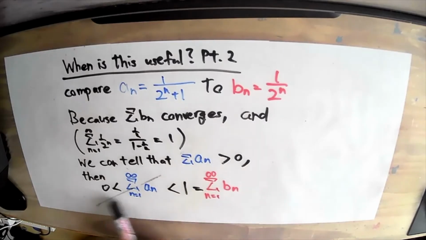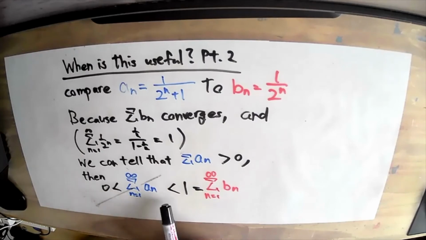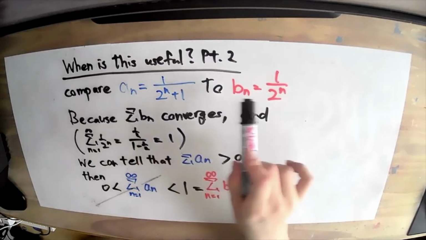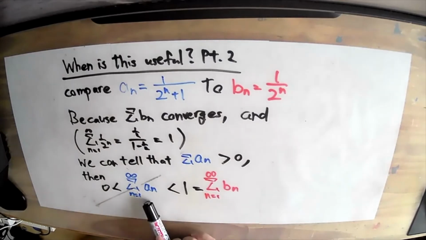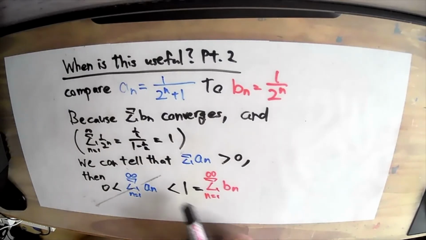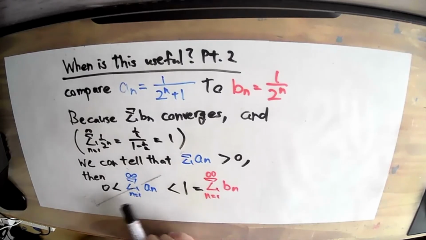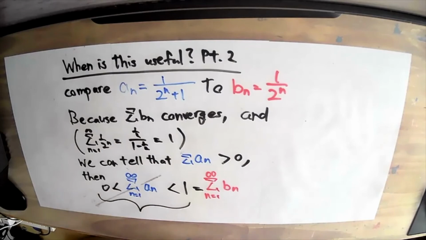The comparison test tells us that because for each n, An is smaller than Bn, the sum for An will be smaller than the sum for Bn too. Thus, because the series for Bn is equal to 1, the series for An will be smaller than that. Thus, we can get this, which tells us that An does converge to a number between 0 and 1.